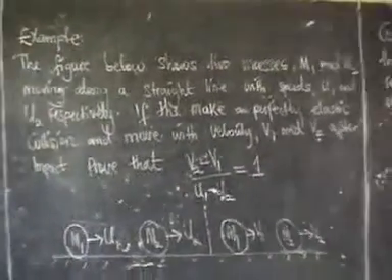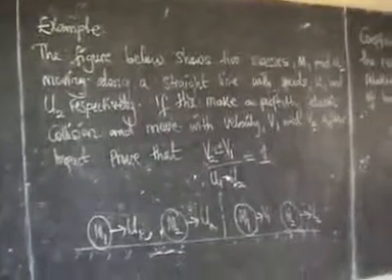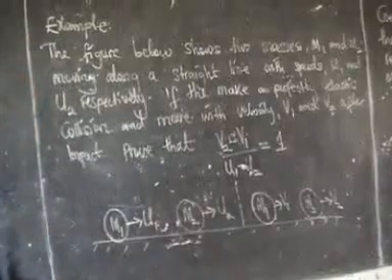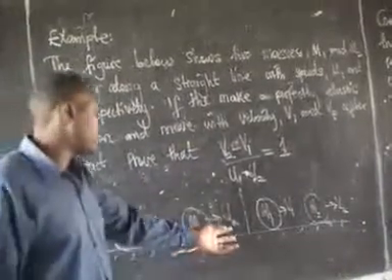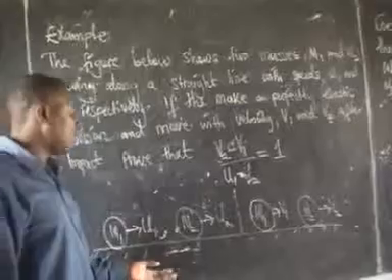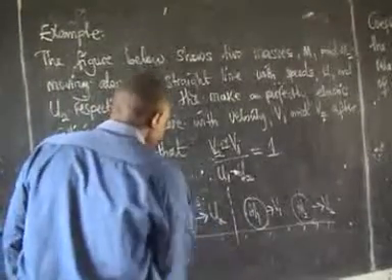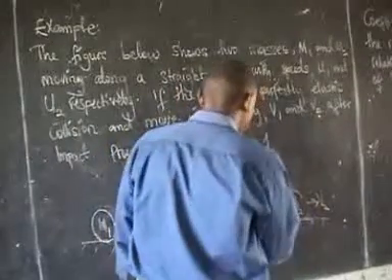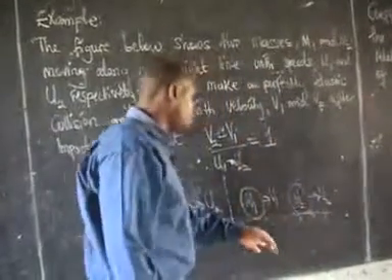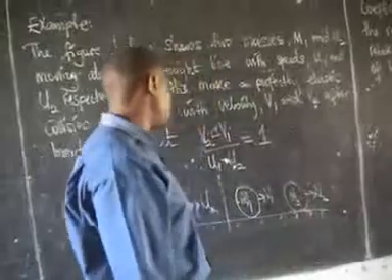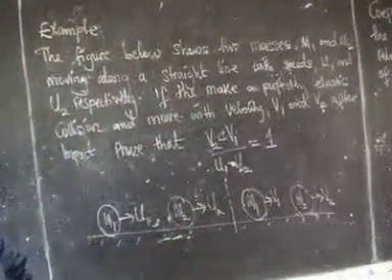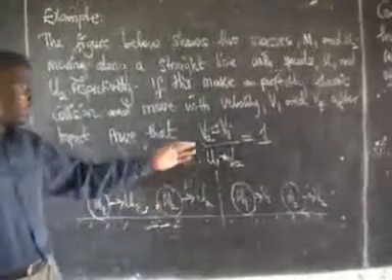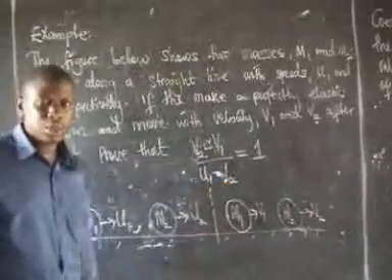We have masses M1 and M2 moving along a straight line with the speeds U1 and U2. This is before impact. After impact, the masses move with velocities V1 and V2. Now, if the collision is perfectly elastic, prove that the coefficient of restitution is equal to 1.